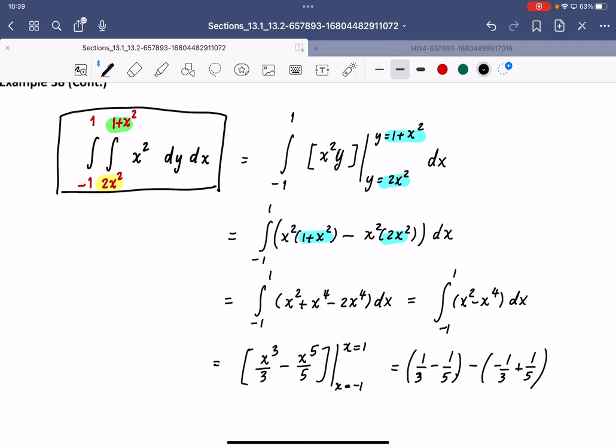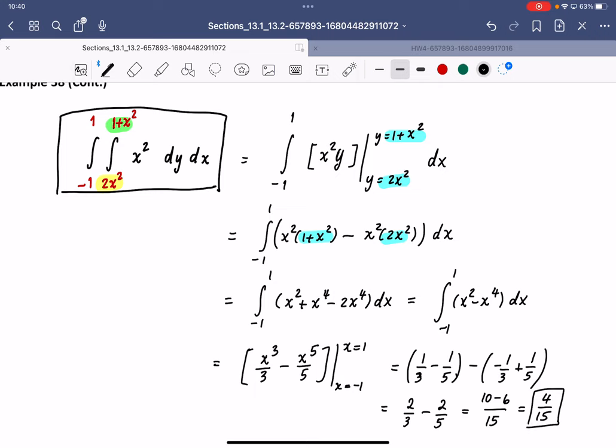So 1/3 plus 1/3 is 2/3. It's just like you can group it up, not cancel. Minus 1/5, and then minus 1/5 is minus 2/5. So this is actually 10 minus 6, which is 4 over 15.